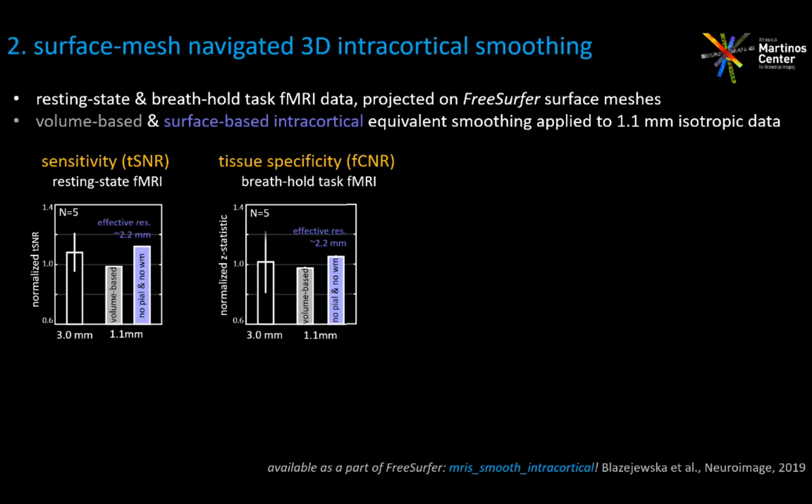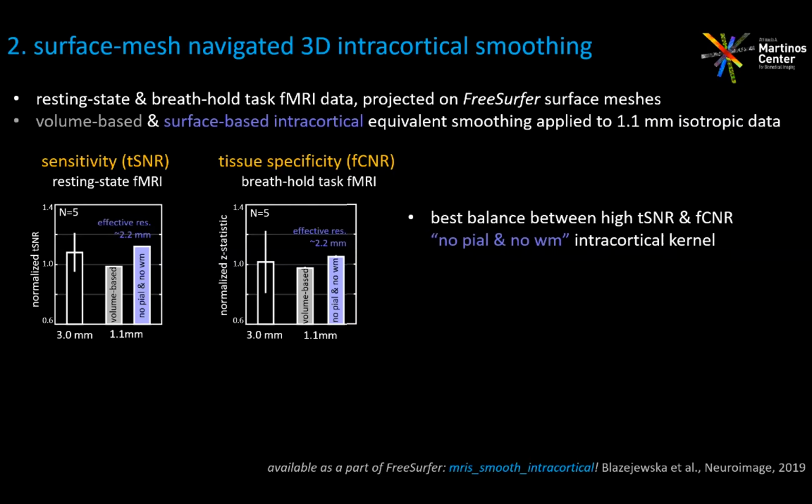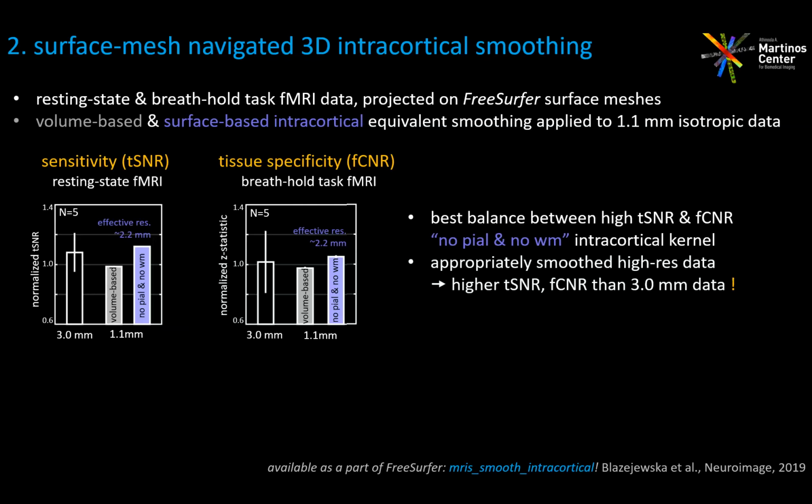Similarly, in tissue specificity and functional contrast to noise ratio. So we concluded that we got the best balance between TSNR and FCNR from this no CSF, no white matter intracortical kernel, and it even outperformed the original low resolution data.